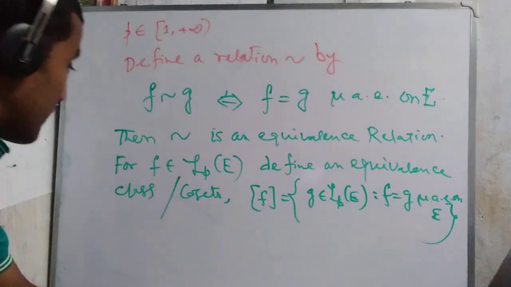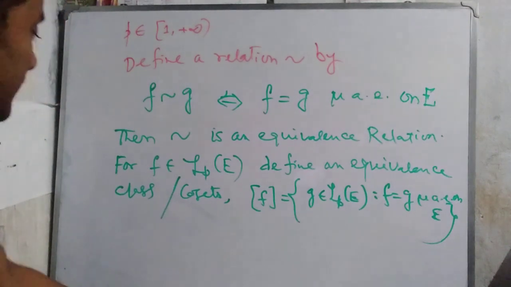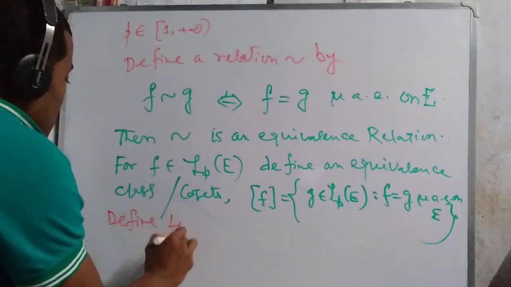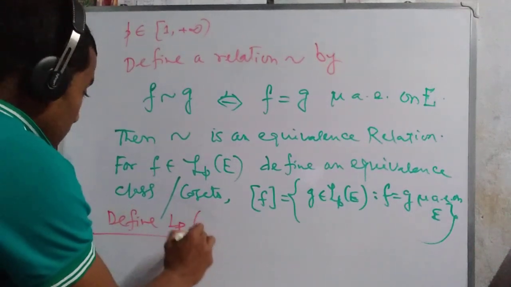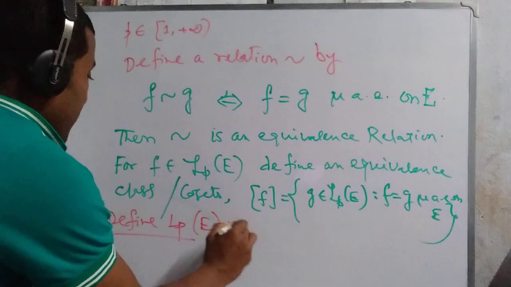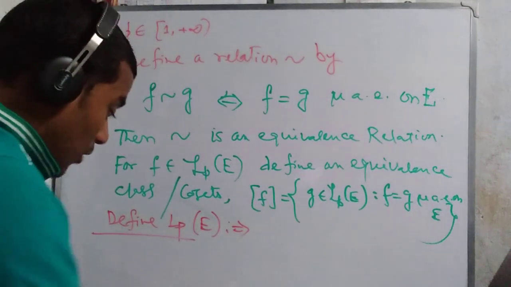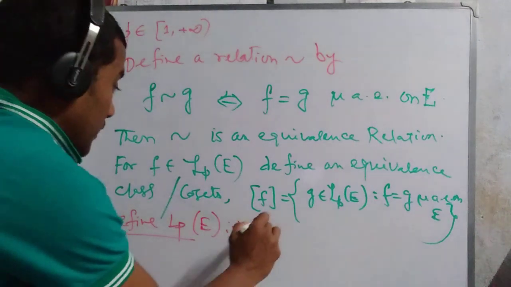Then what happened? Then we define L^p(E), not the script L^p(E). This one is L^p(E). Okay, how do we define it? We write it now.